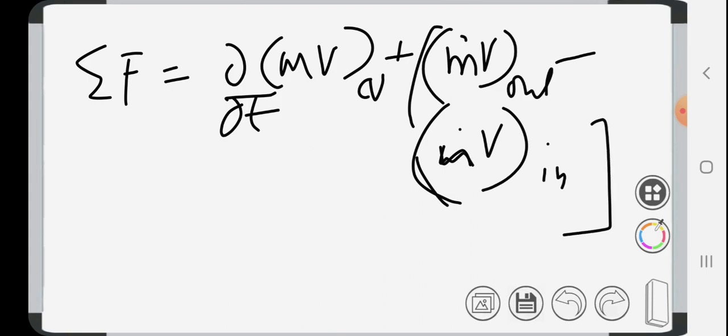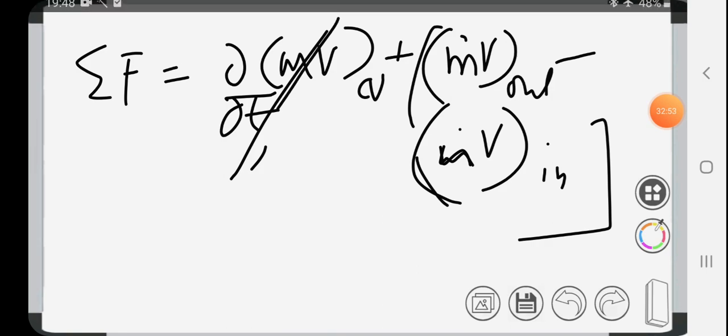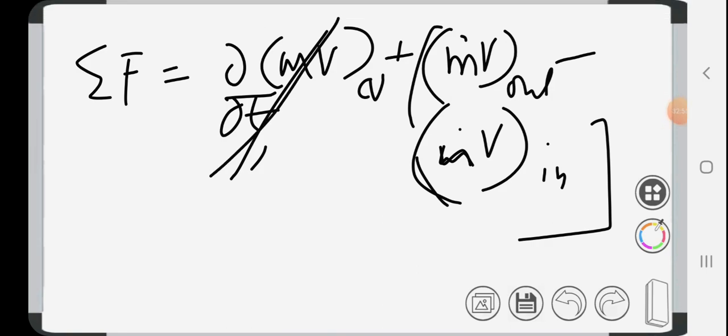This was the equation. Since we are considering steady state flow, the first term will get cancelled. So the remaining is sigma F and these two terms. So you have to find the expression for m dot v out and m dot v in.